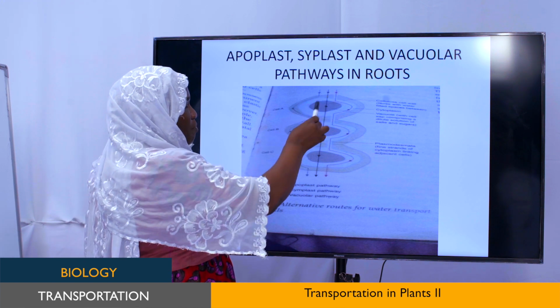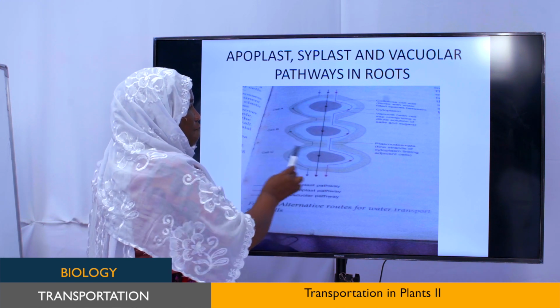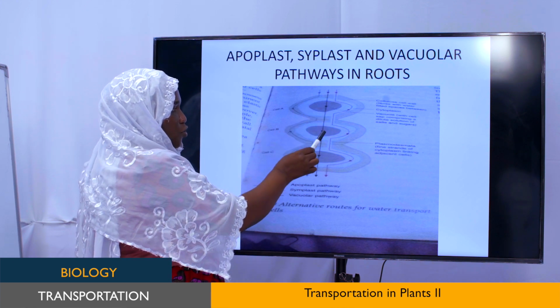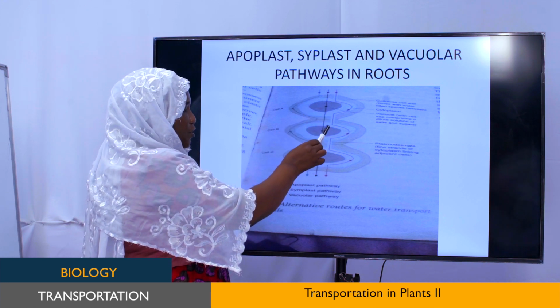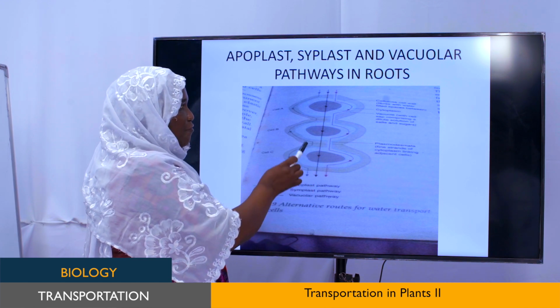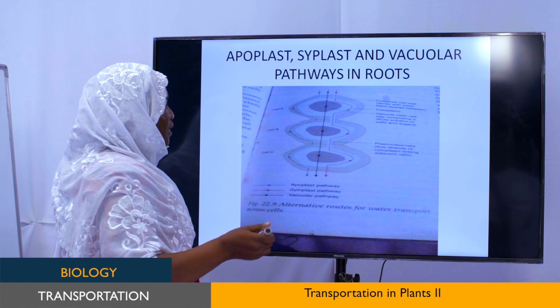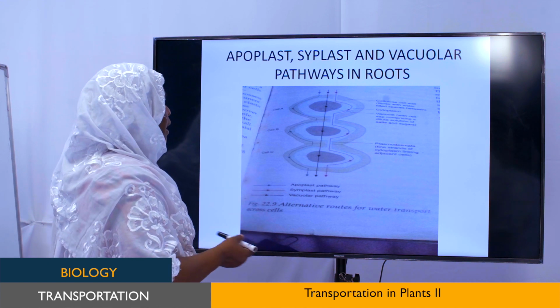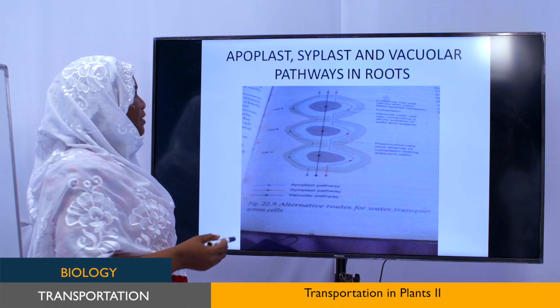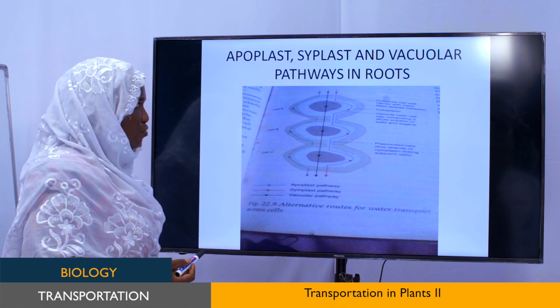It passes from vacuole to vacuole, from vacuole A of cell A to vacuole B of cell B to vacuole C of cell C. Therefore, when water and the mineral salts move across the vacuoles, we call that route the vacuolar pathway.